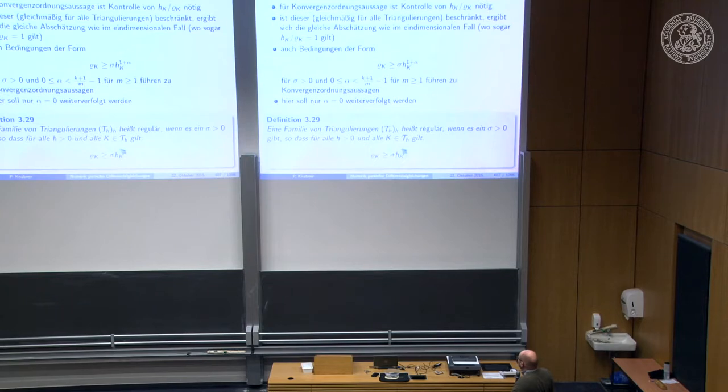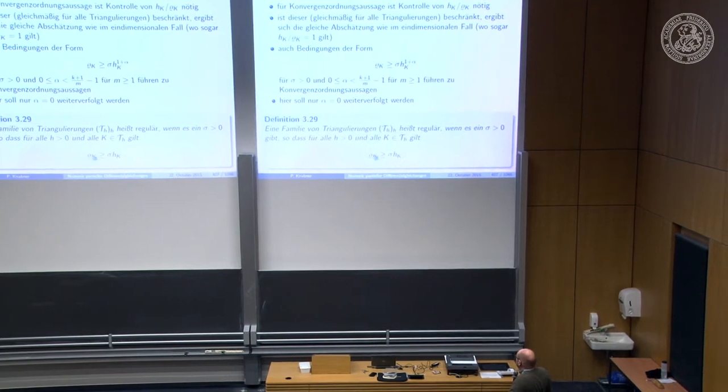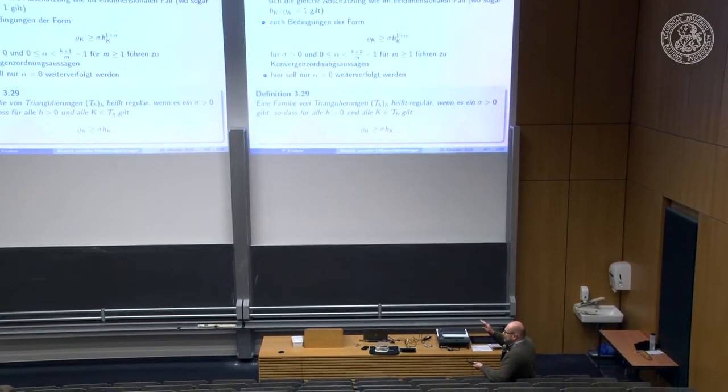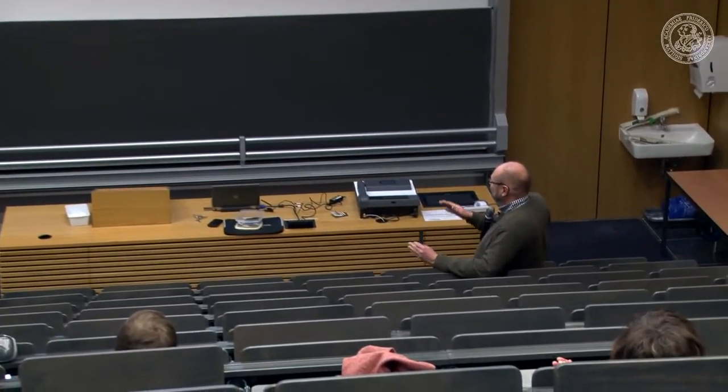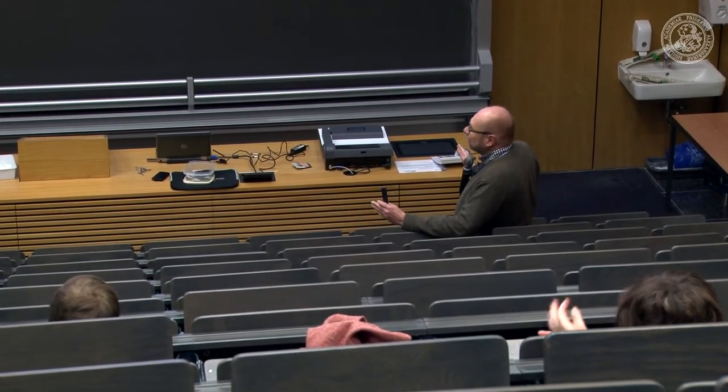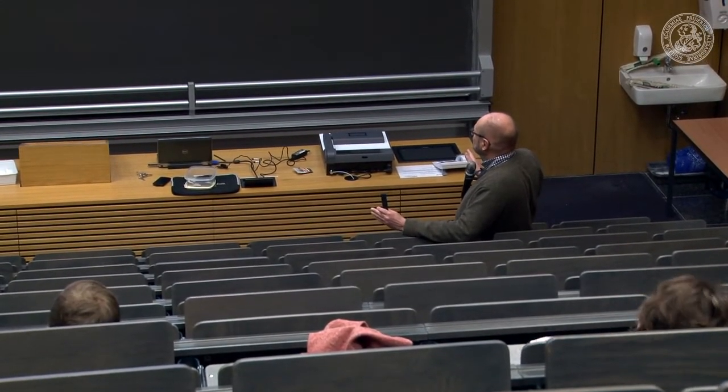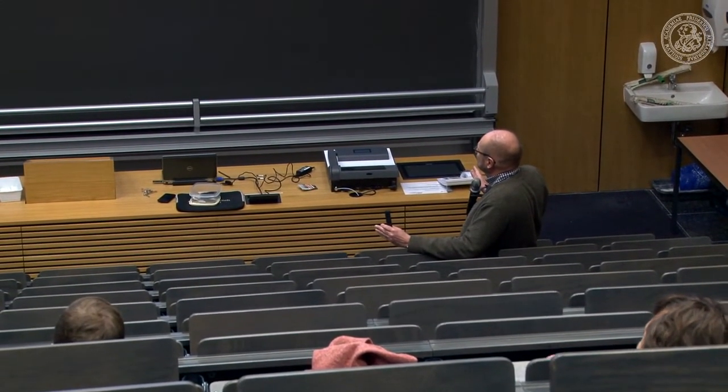So it's not possible that the elements get flatter and flatter, meaning that the rho k goes to 0, but they keep the same size, meaning that the hk stays constant, more or less.